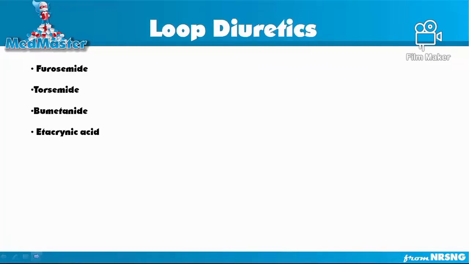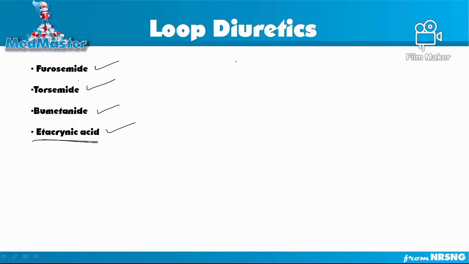So what are the examples of loop diuretic? The first one is furosemide, which is widely used, then torsemide, bumetanide, and ethacrynic acid. I haven't seen ethacrynic acid used quite often in patients. I've seen furosemide and bumetanide, because bumetanide is a really strong loop diuretic compared to furosemide.